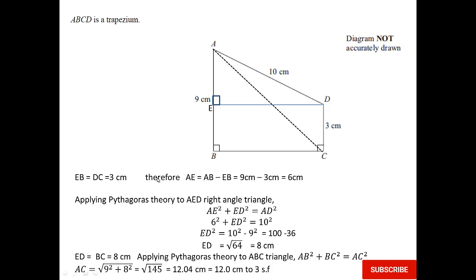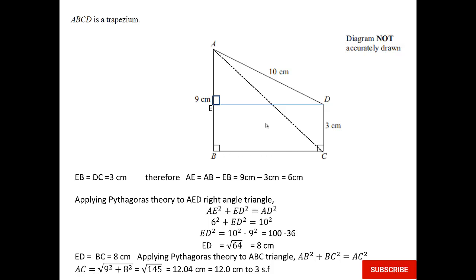Therefore, EB is equal to 3 centimeters. In order to find the length AC, we must know the length BC. Because if we know length BC, then we can apply the Pythagoras theory to the ABC right angle triangle.